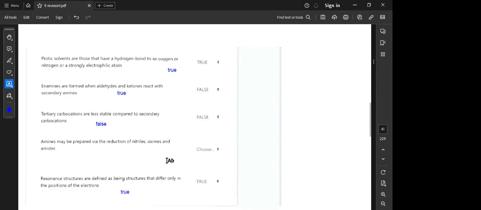Somebody is saying it's false because enamines are only formed from ketones and not aldehydes. Actually, it does react with both aldehydes and ketones.